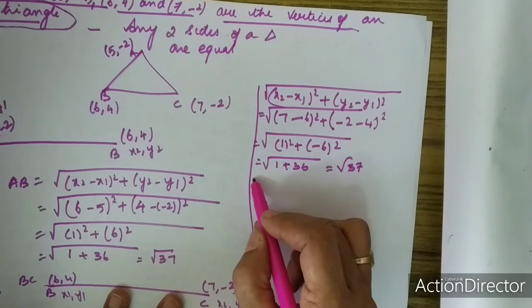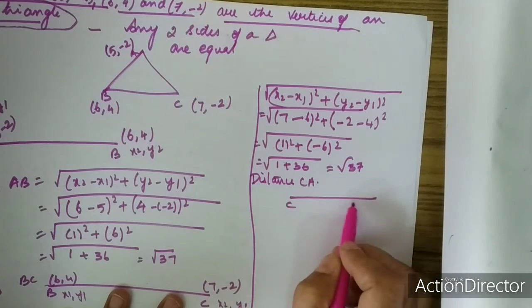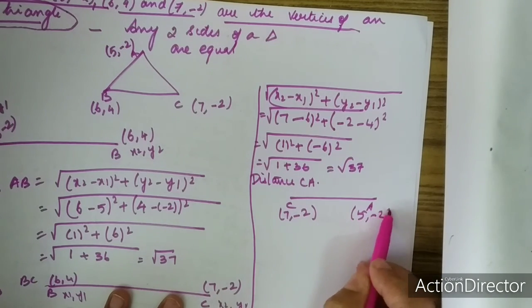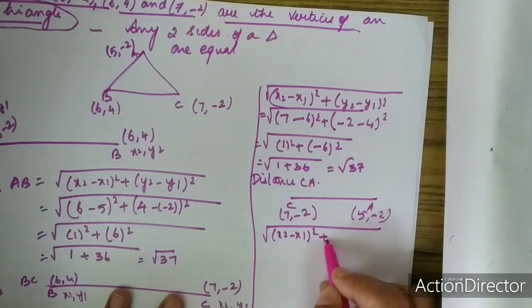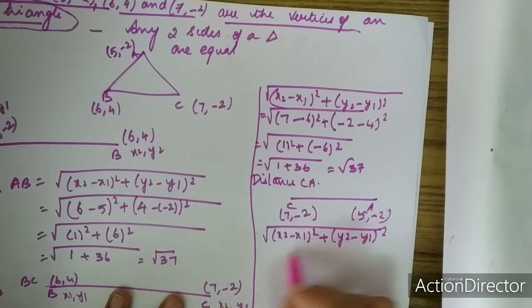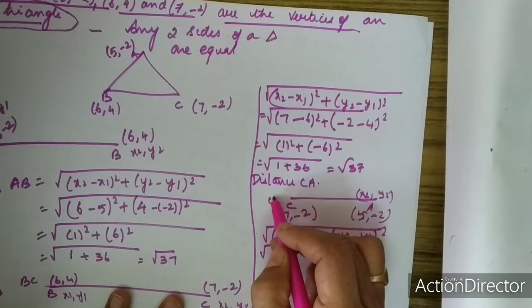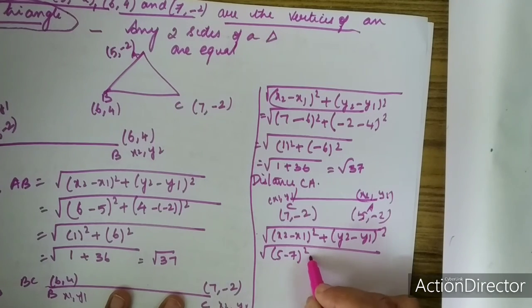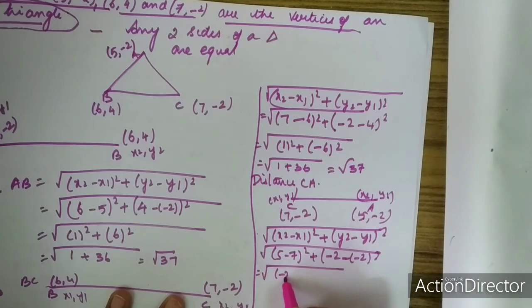Now find CA. Distance CA. So draw CA over here. C is (7, -2) and A is (5, -2). So finding the distance, (x2 minus x1) whole square plus (y2 minus y1) whole square. So replacing the values, write it over here, x2, y2 and this is x1, y1. x2 is 5 minus 7 whole square and minus 2 minus of minus 2 whole square, so it is equal to minus 2 whole square plus minus 2 plus 2 will become 0.